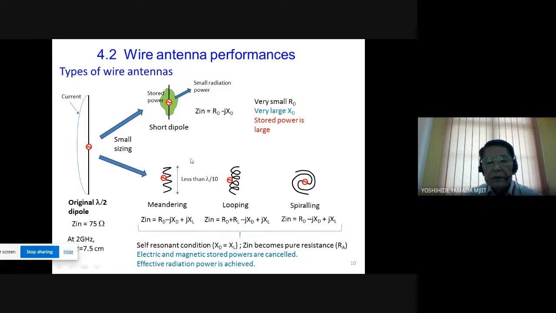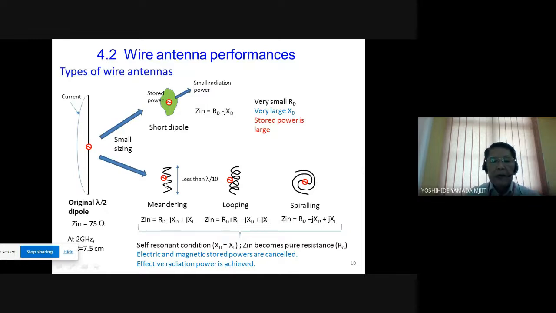By looping the wire, we can achieve another. This is called a normal mode helical antenna, and spiraling also reduces the size.